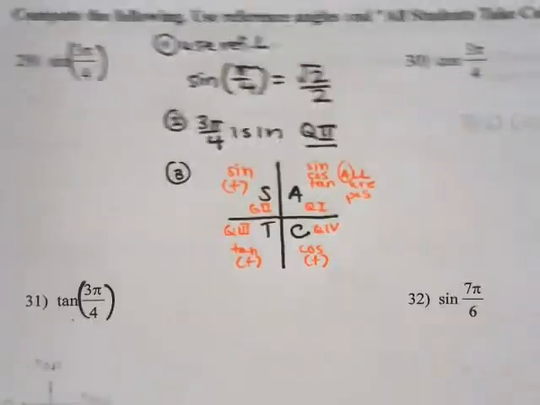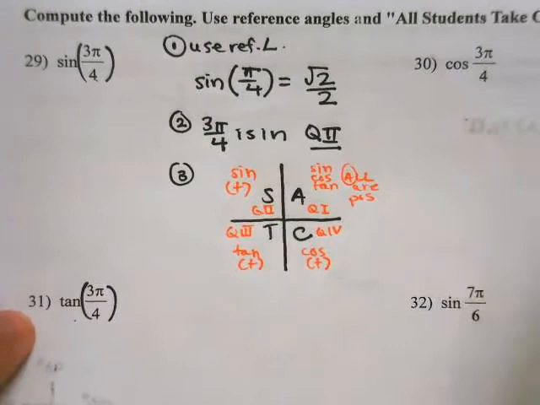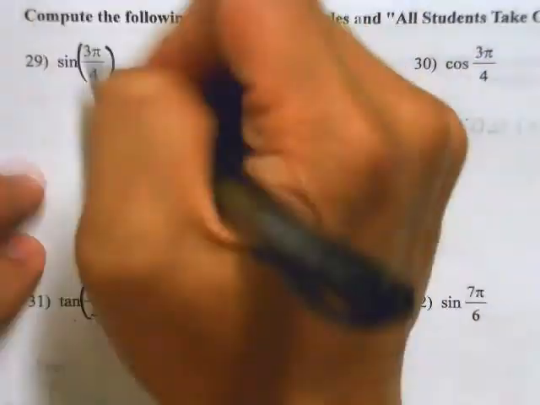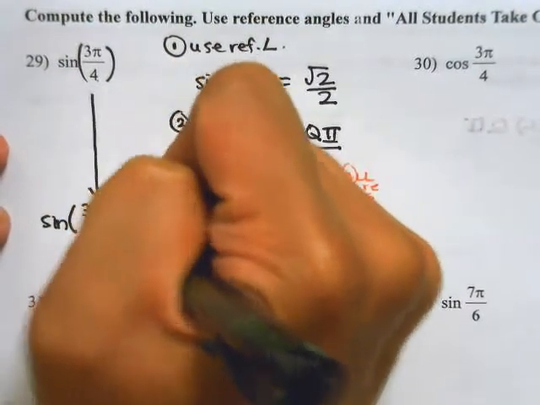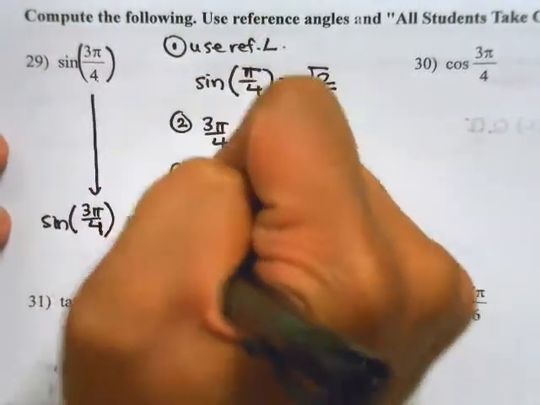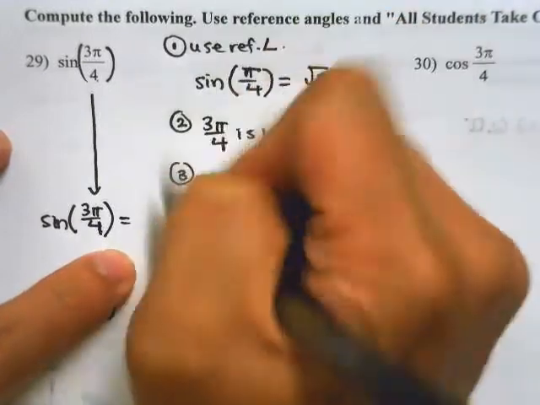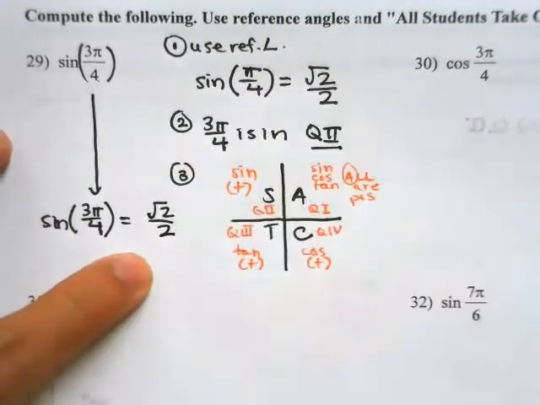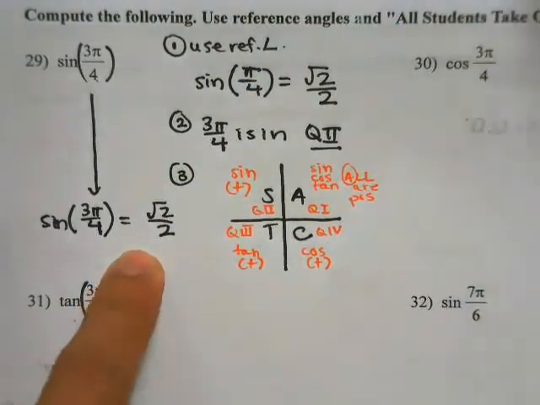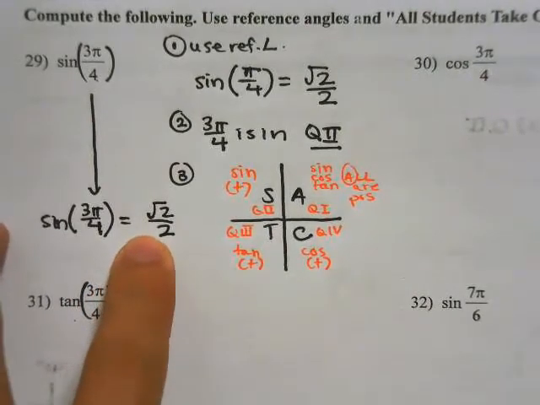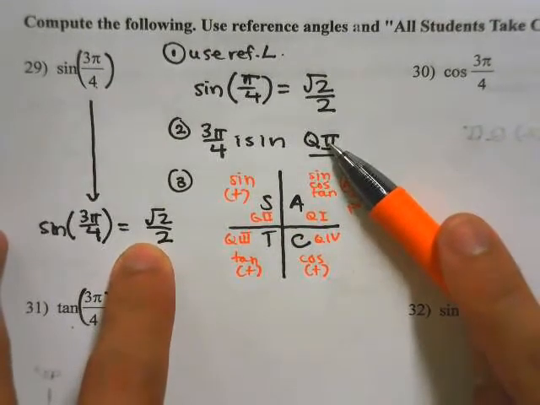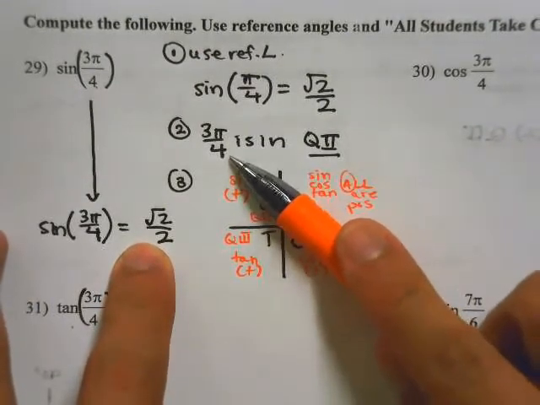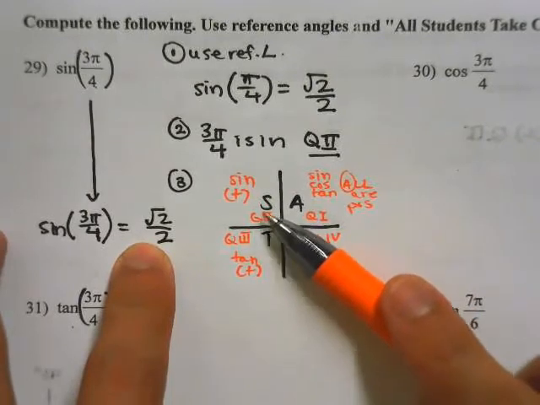Okay, what does this all mean? I'm going to drop sine of 3 pi over 4 here, and I'm going to use the value of square root of 2 over 2. We just now need to figure out if it's positive square root of 2 over 2 or negative. Since we know that 3 pi over 4 is in quadrant 2, let's go look at quadrant 2.